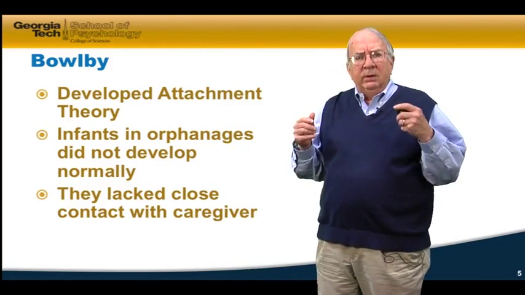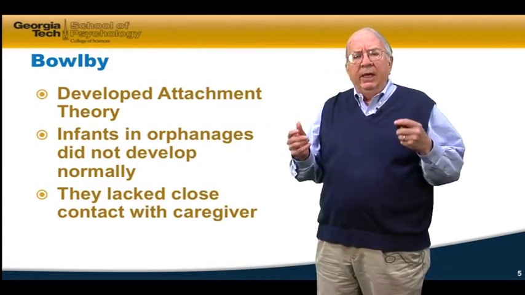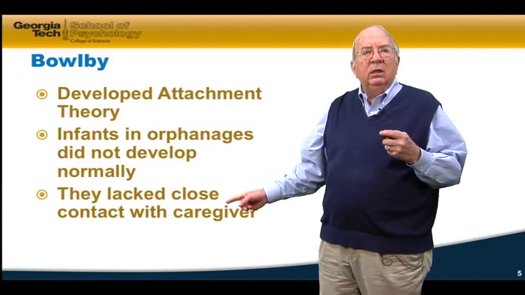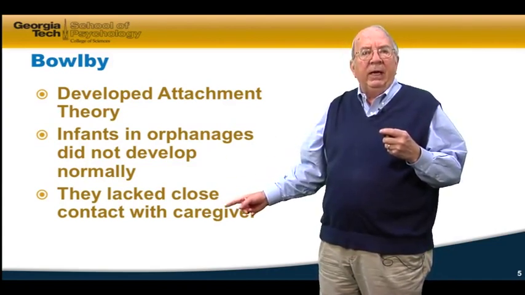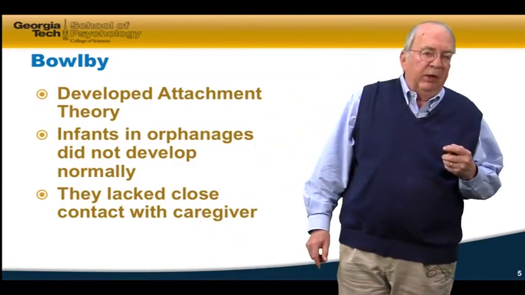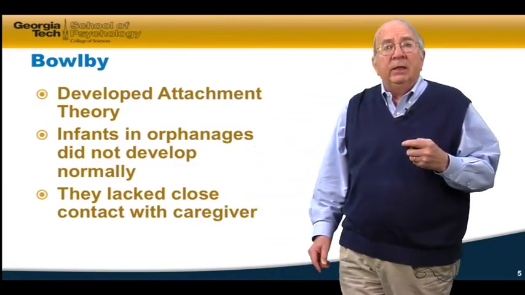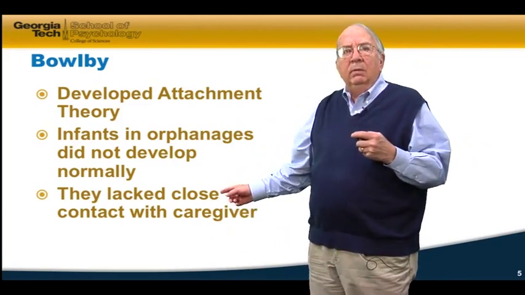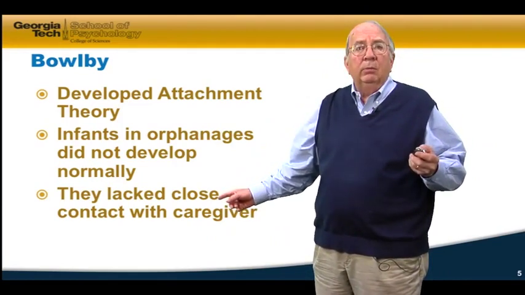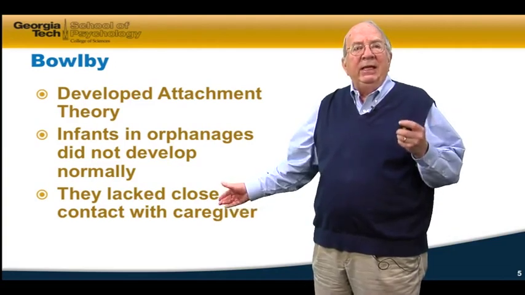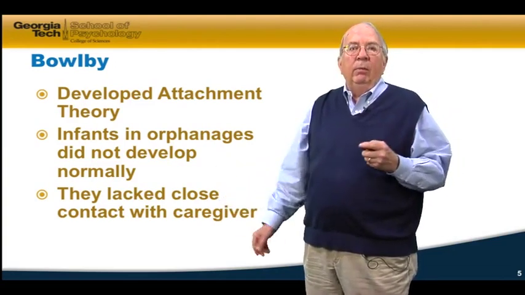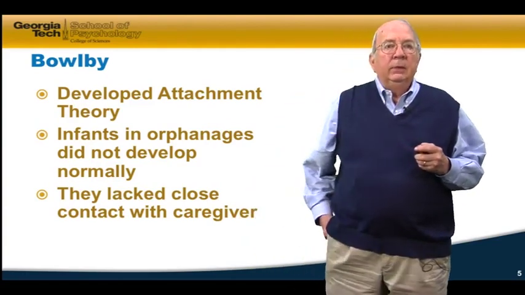They had cognition deficits, they had mental health deficits, because what they didn't have was this contact comfort from the caregiver. In fact, most orphanages in the first part of the 20th century, when he developed attachment theory, had 10 or 15 infants per helper, per caregiver. So they just didn't have that contact, and they didn't have that attachment that was so important for normal development, according to Bowlby.